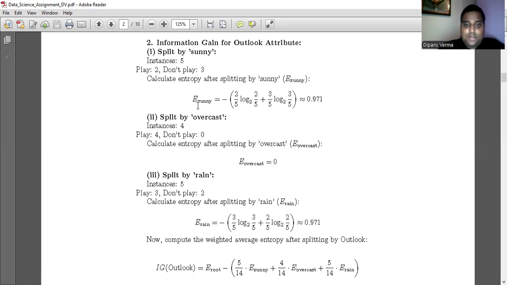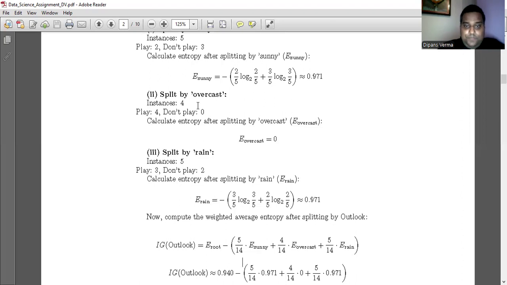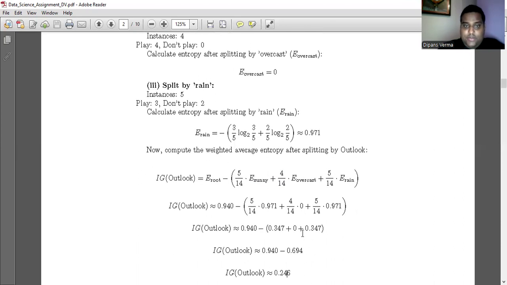So for sunny, to calculate the weighted average entropy, we need to multiply 5 by 14 into E sunny. Similarly, a total of 4 is there for overcast according to the data set, over the 14 instances. Similarly, 5 for rain, and you can consider 5 by 14 and calculate this value.